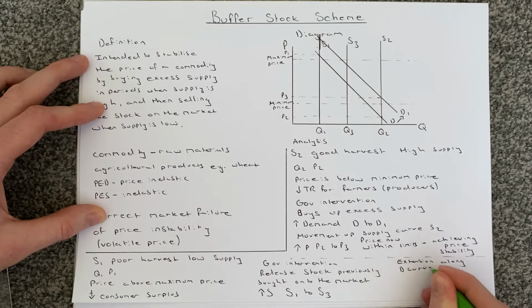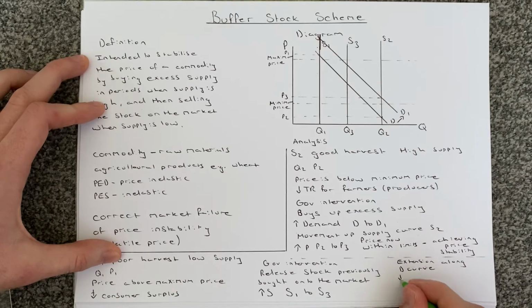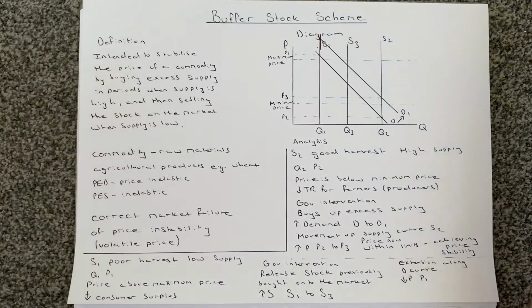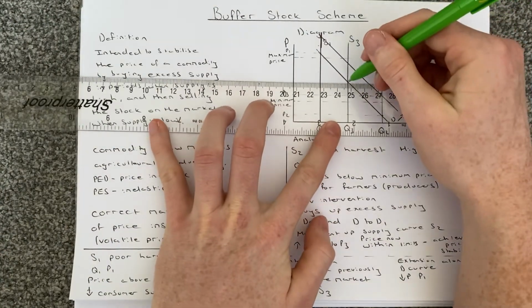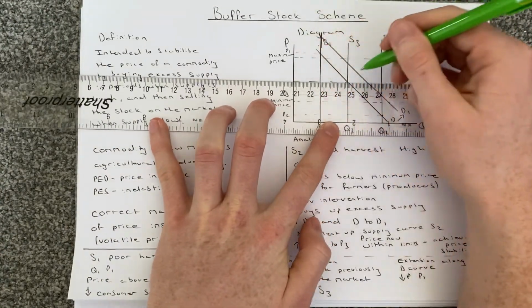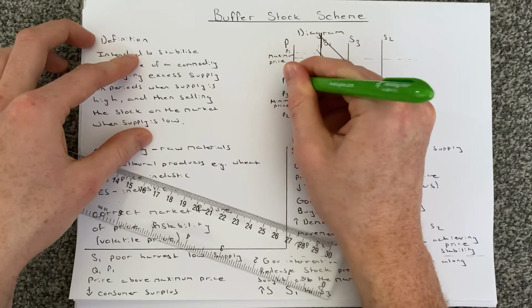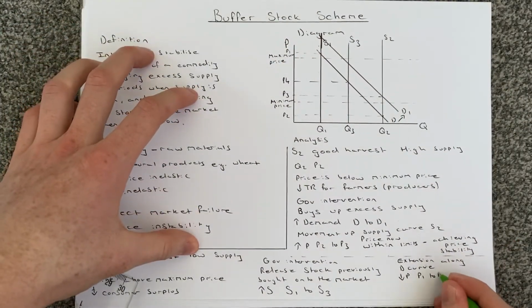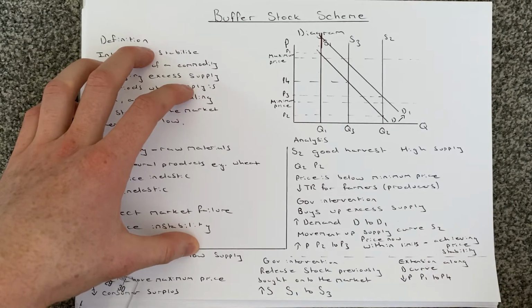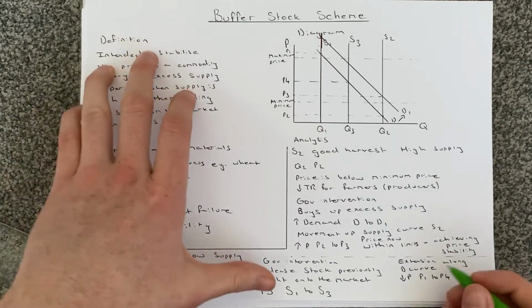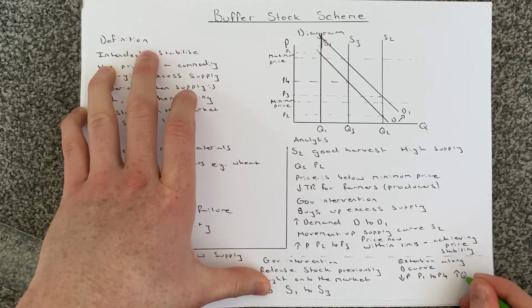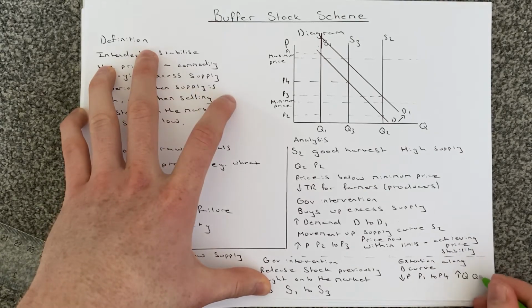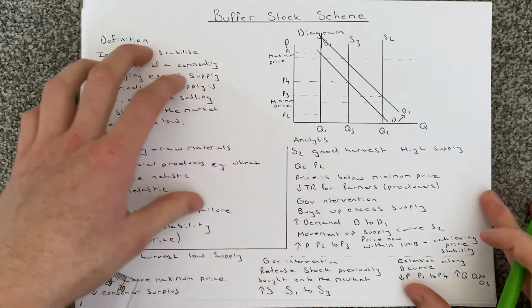And what do we see? We see a decrease in the price from P1, and we're going to label that new price P4. Decrease the price from P1 to P4, and we see an increase in the quantity from Q1 to Q3.